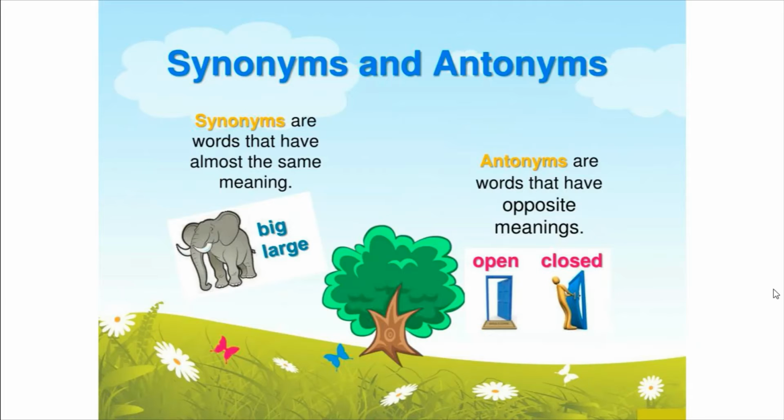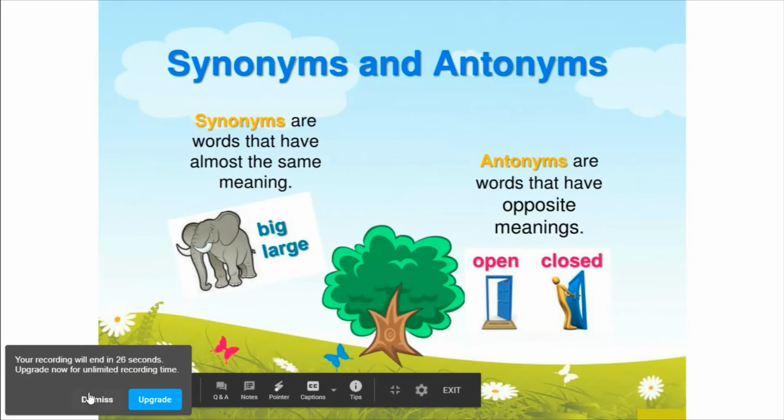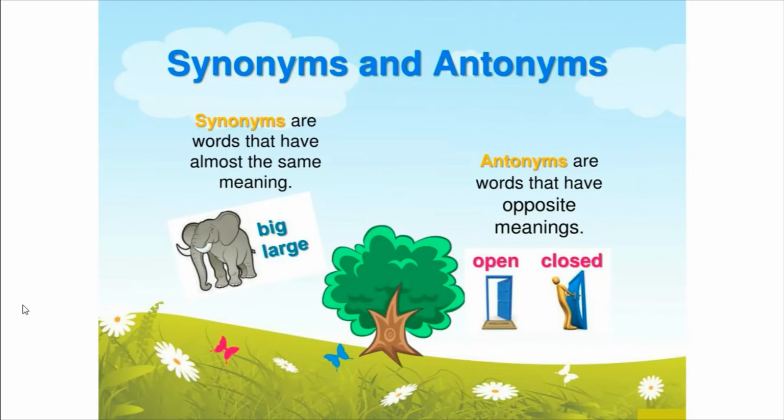I want to stress that word almost, because really no word has exactly the same meaning. Like our example here says, big and large. They have almost the same meaning when we use them in sentences. Antonyms are words that have opposite meanings, like open, closed, light, dark, big, small, right?